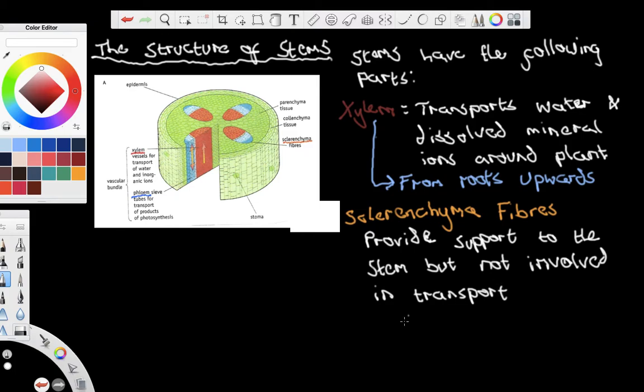Okay, that is really important. People often put that the sclerenchyma fibres are involved in moving water and sugars. No, they're not. They're not involved in transport.